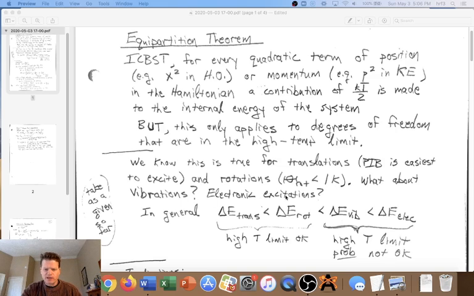But what about vibrations and electronic excitations? Are those in the high temperature limit? And remember, the high temperature limit is that temperature at which you can replace the sum in the partition function with an integral. So in other words, the energy levels are so close together that you can integrate. But it has this real world application.